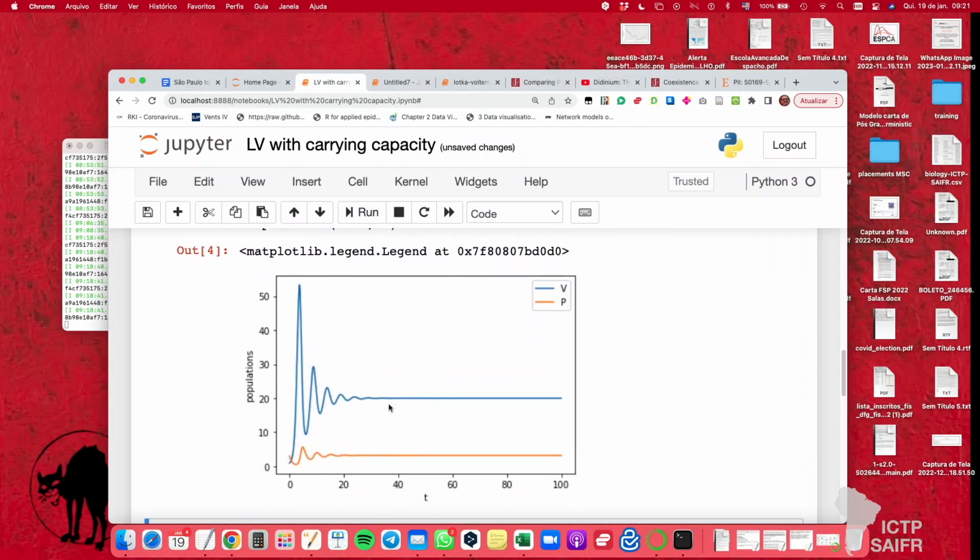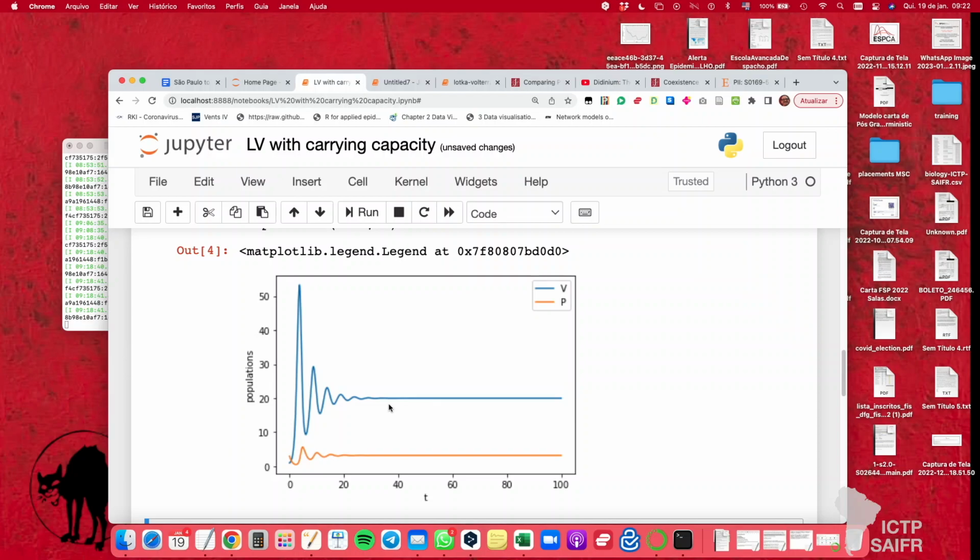Okay, oscillations with decaying amplitude, and after some time you are very close to a fixed point. Okay? So when you look at this, both prey and predator oscillate, but very quickly the amplitude goes to a very small value and goes effectively to a fixed value, about 20 and about 3 or 4.